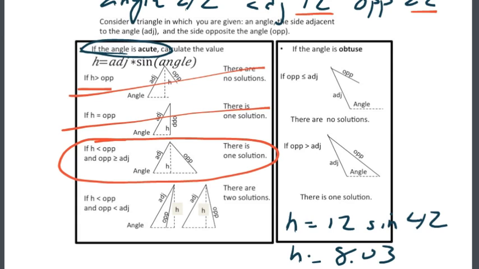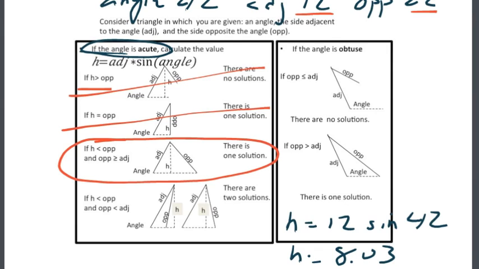So now we know that we can go ahead and use law of sines and find one solution, and when we're finished with that one solution, we know that we're done with the problem. And that's how example 3 works. You can go ahead and finish that example.